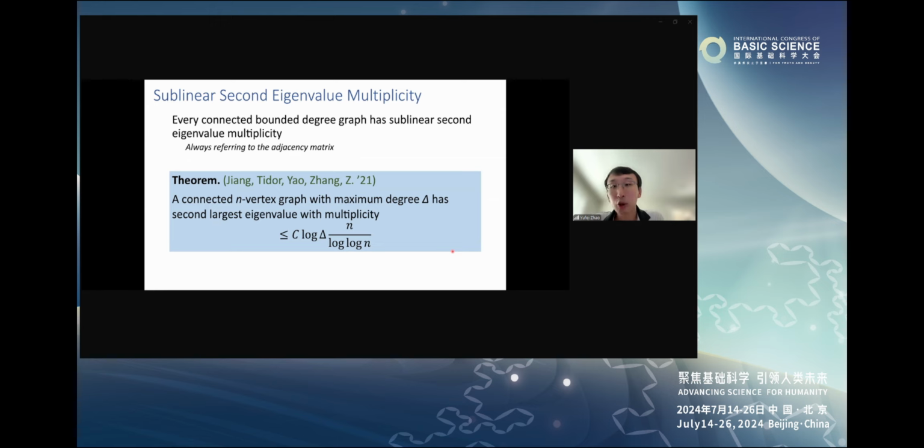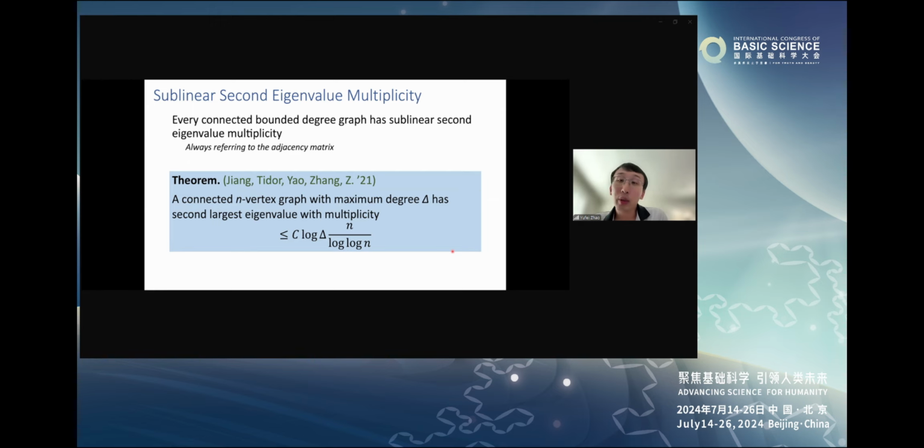But not that much attention has been paid to eigenvalue multiplicities of graphs, and it's through the geometric problem that we encountered this result, which played a key role in our solution, but I think it's also independently interesting.